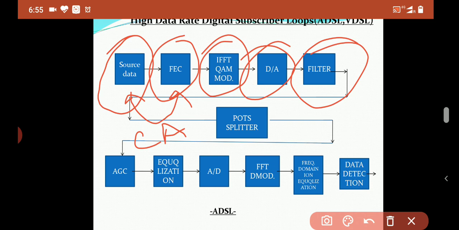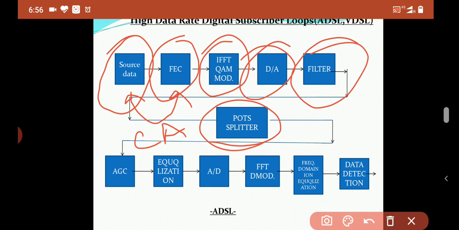Then there is a port splitter. The port splitter is used at both ends of the line to separate the analog voice from the data.